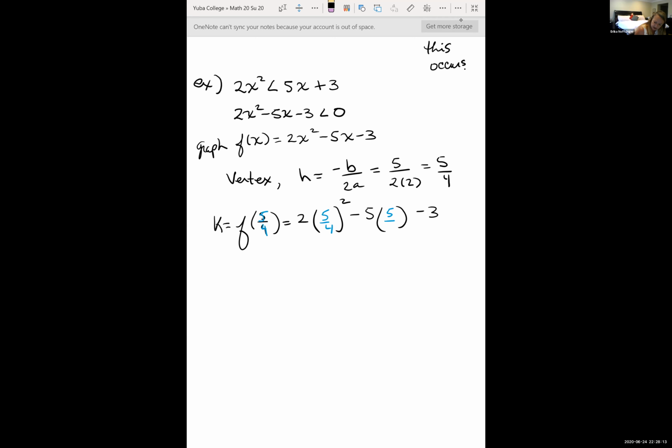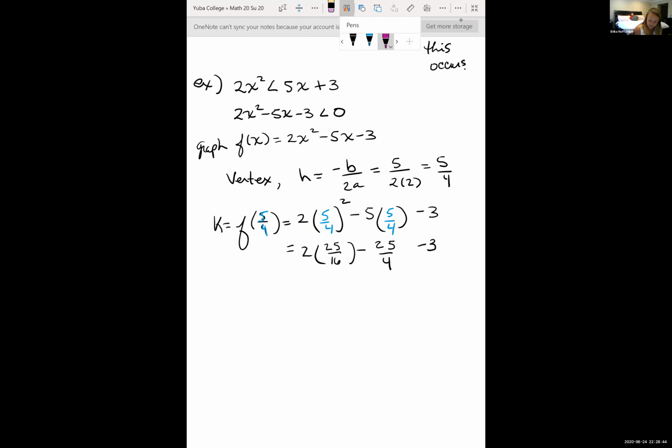Using order of operations, we have to square the 5/4 first. So this is equal to 2 times 25/16, minus 25/4, minus 3. I'm going to leave a little room there because I'm going to need a common denominator. Let's simplify a little bit.